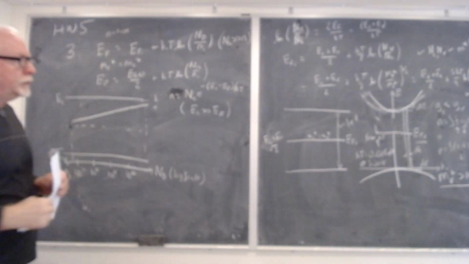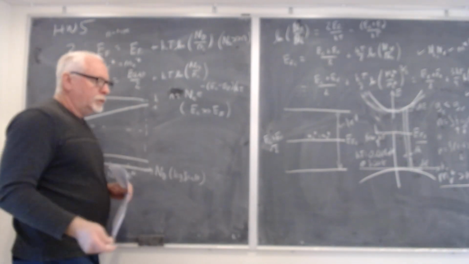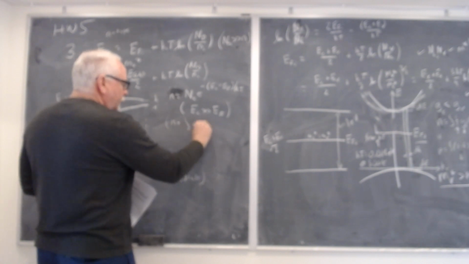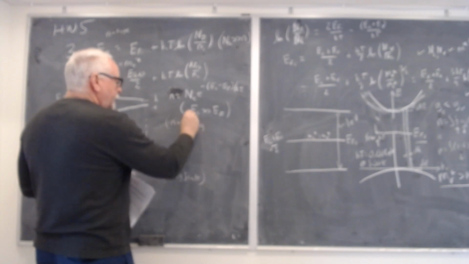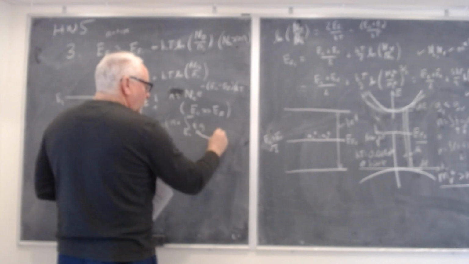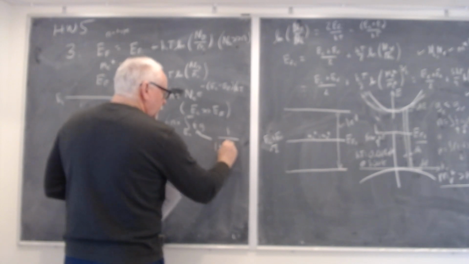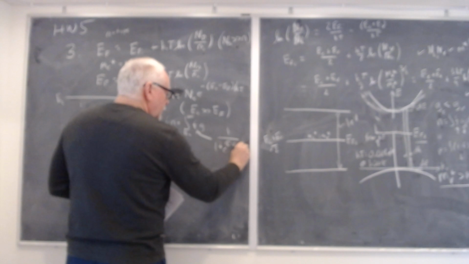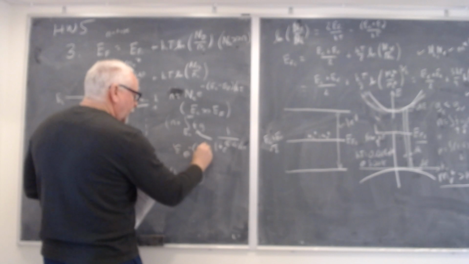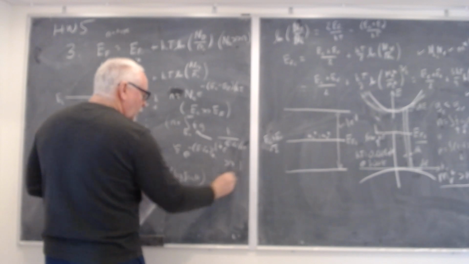You have to go back to the fact that this formula comes from the integral of g times f, from EC to infinity, where f is actually 1 over 1 plus e to the (E minus EF) over kT, and we approximated it as e to the negative (E minus EF) over kT, meaning the exponential is much bigger than 1.